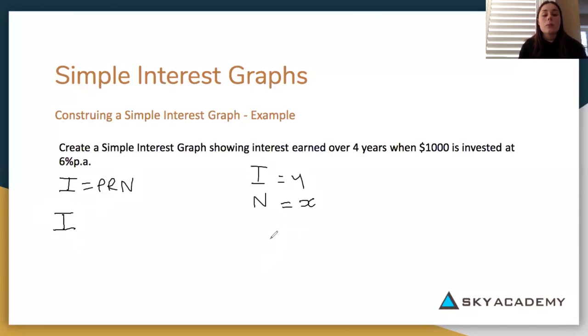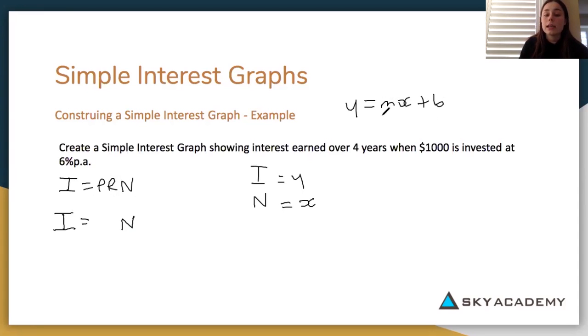When we are creating our equation of our simple interest graph line, you need to keep your I and your N as letters and sub the other two for what the question says. Because when you're doing y equals mx plus b, the equation of a straight line, you only sub for m, which is your gradient.